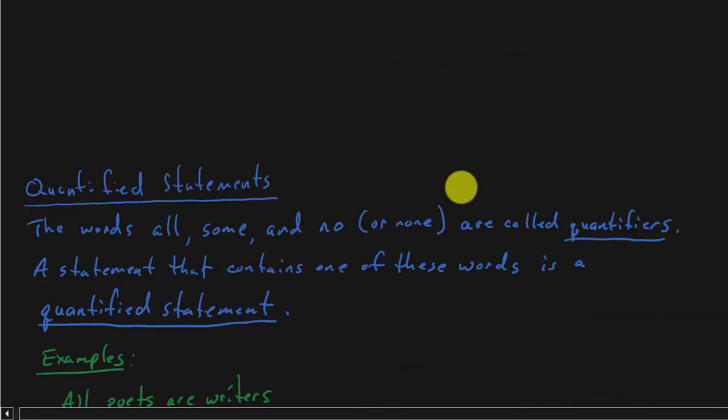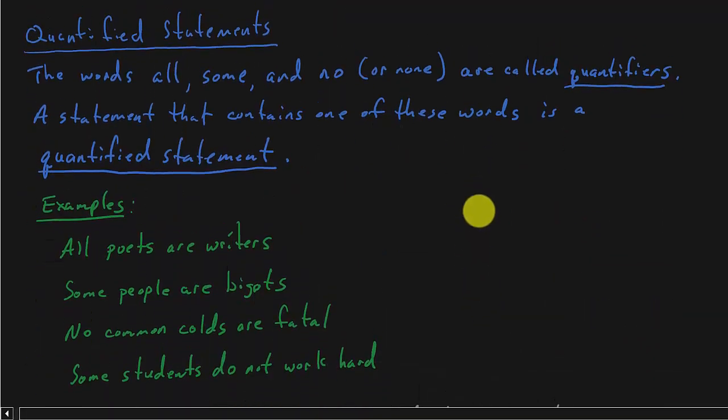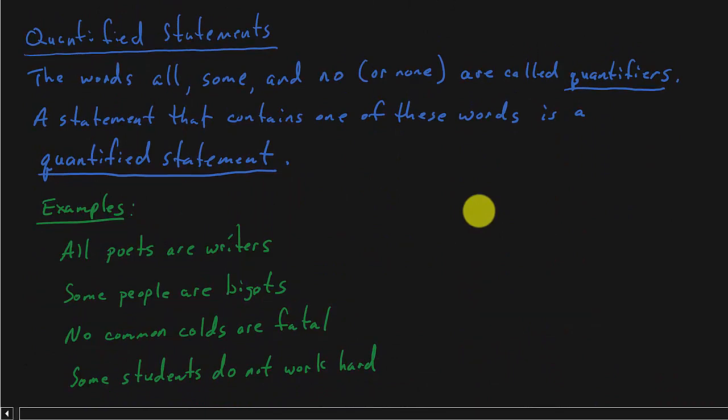All right, so now let's look at quantified statements. Quantified statements use the words all, some, and no. These words, all, some, no, or none, are called quantifiers. A statement that contains one of these words is a quantified statement.